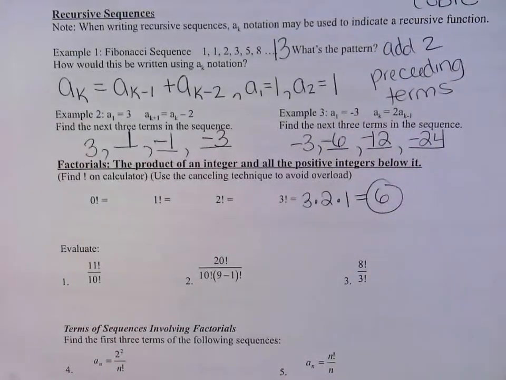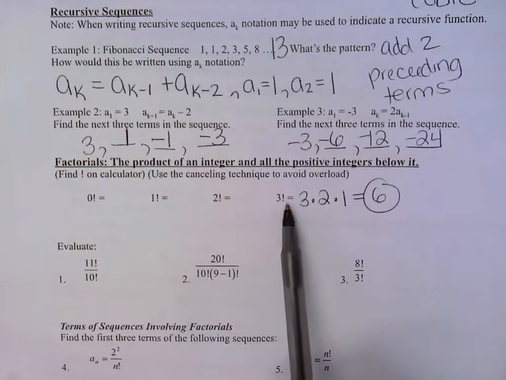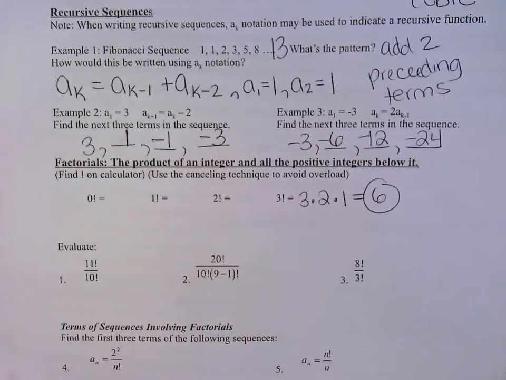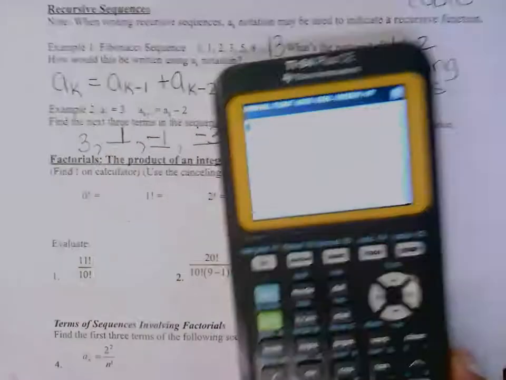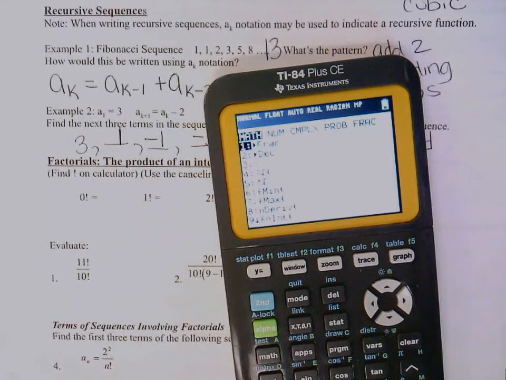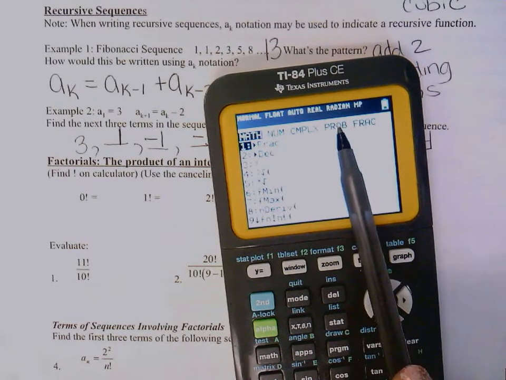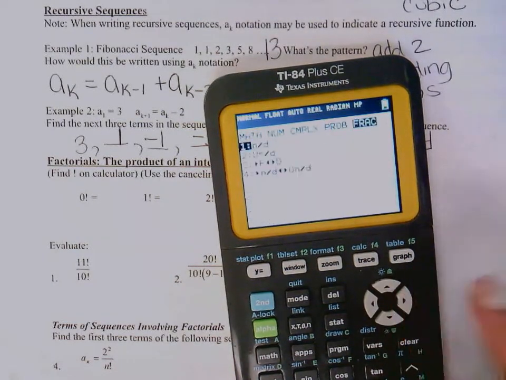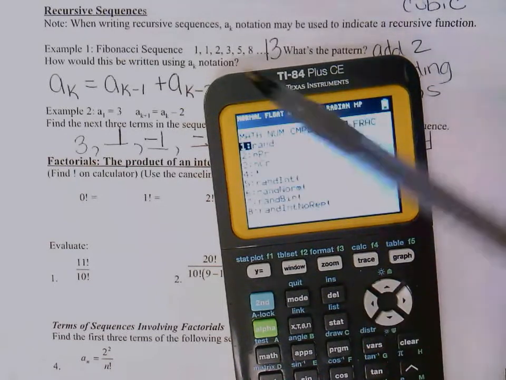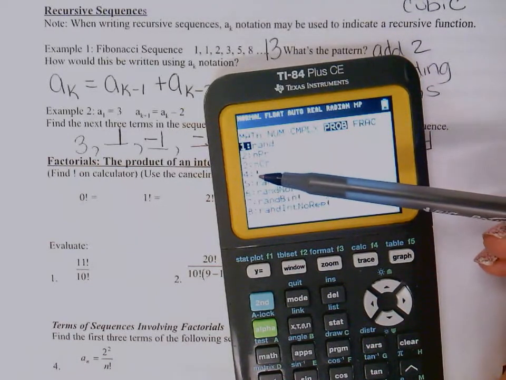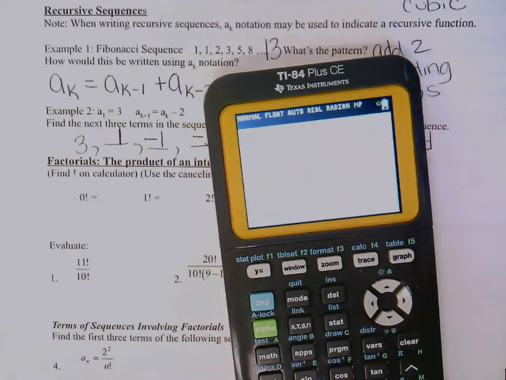So the exclamation mark is actually a mathematical operation. And if you find it on your calculator, it's under the math key, but it's under probability at the top. So math, probability. See how it's choice number 4?